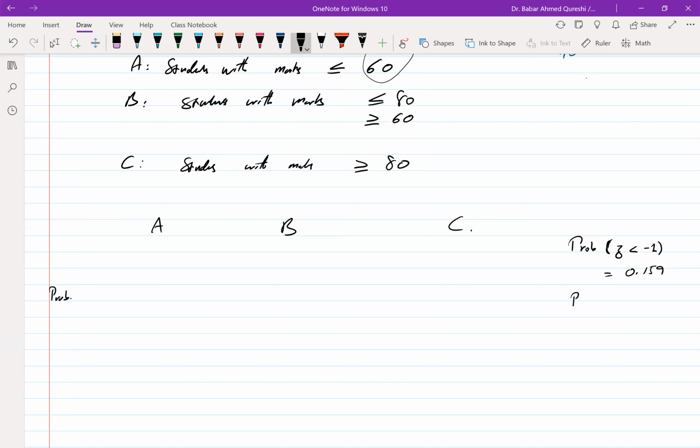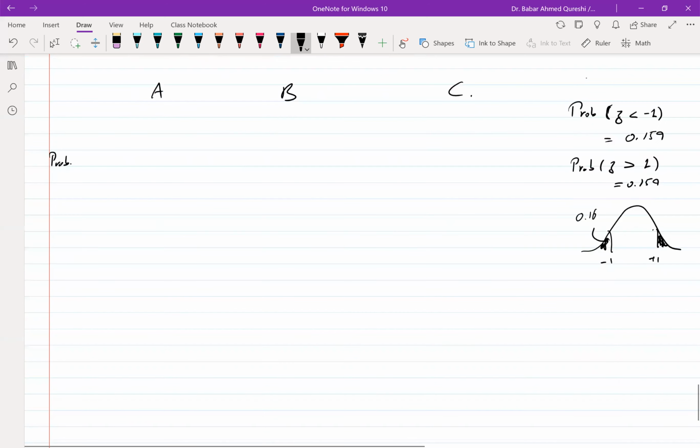And the probability similarly of z being greater than 1 is 0.159, it is symmetric. This is -1, this is +1. They are both about 0.16, which I am taking to the third decimal, 0.159.